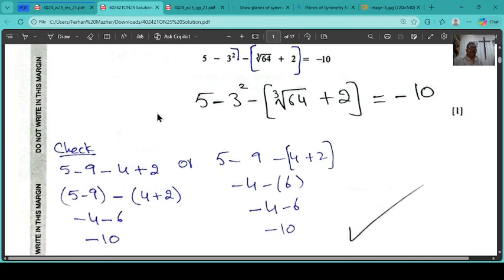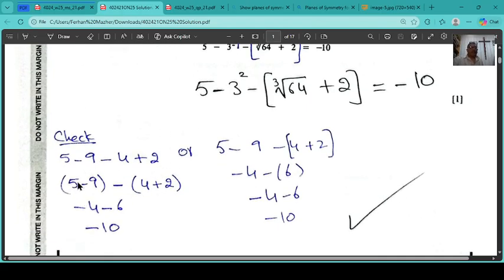Here you can see I have checked it. 5 minus 9 minus the bracket, which will become 4, since the cube root of 64 is 4 plus 2. So 5 minus 9 will be minus 4, minus 6, it will be minus 10.